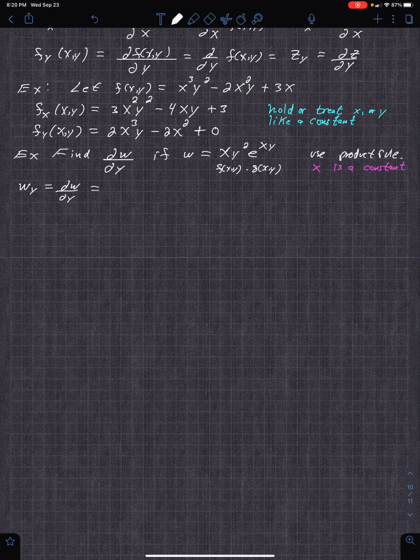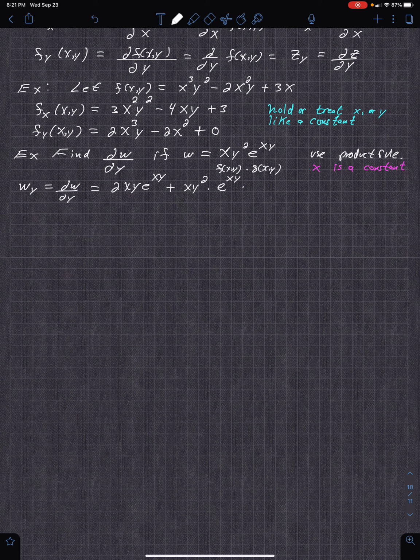Okay, so now derivative of the first is 2xy e to the xy plus the first, which is xy squared, times the derivative of e to the xy, which is, chain rule, e to the xy times the derivative of the function inside. The function inside is xy.